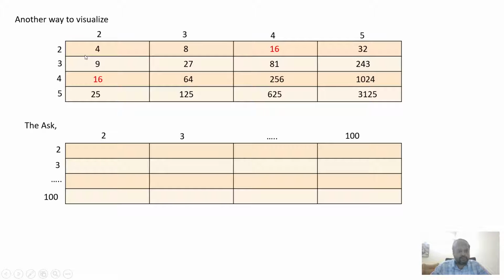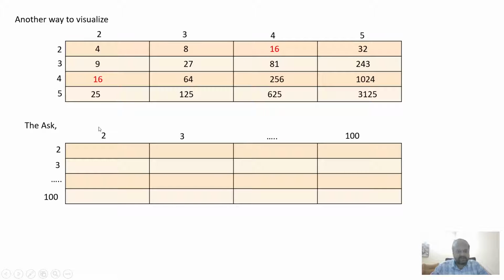So this value 4 is obtained by 2 raised to the power 2, and this value is obtained by 2 raised to the power 3. It is another way to visualize, and we will realize that this is a better way because it aids in solving this problem in a smoother way. So what is the ask?